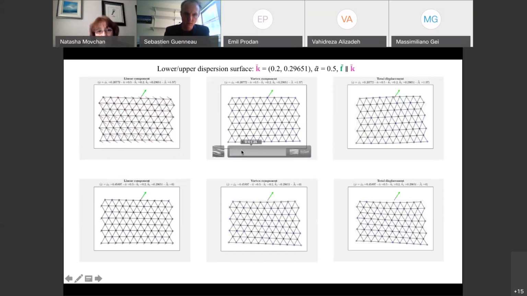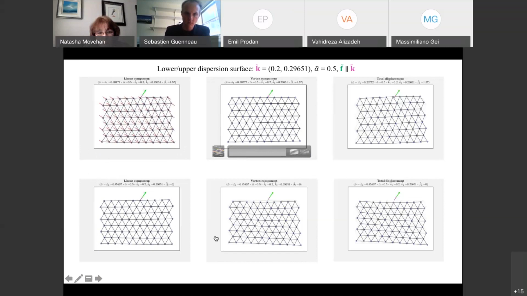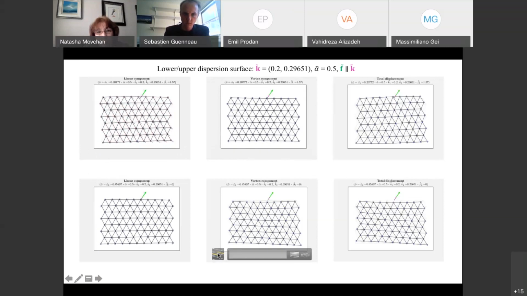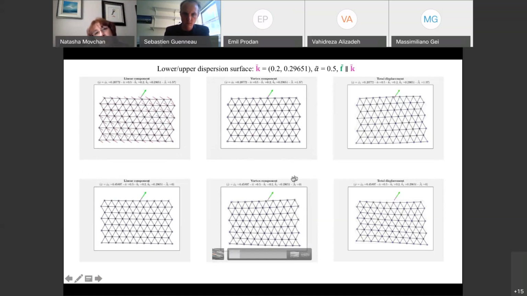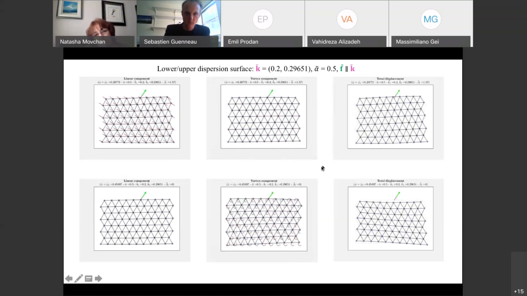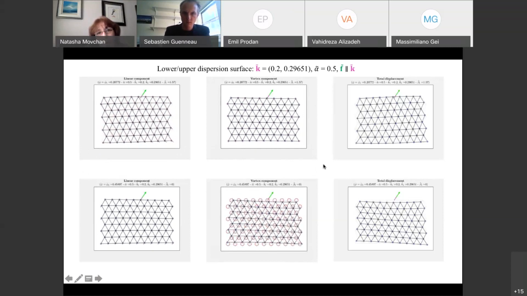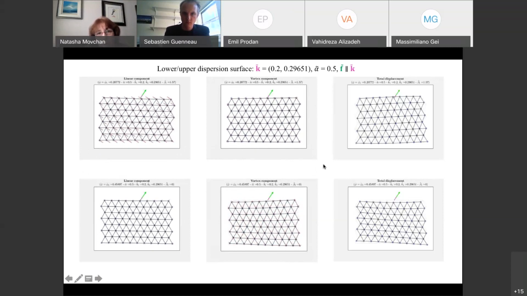I'm going to show the vortex components now. And what I want you to notice is not only the size of the circle, but also the direction.